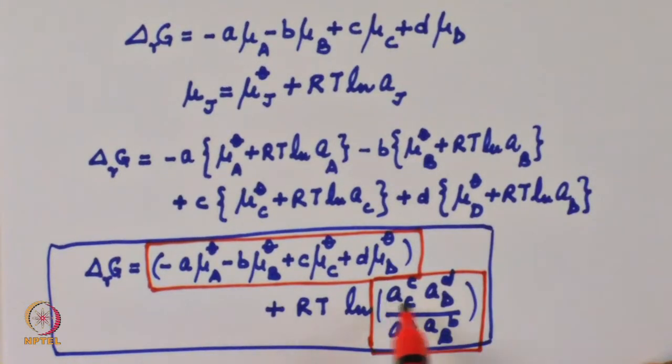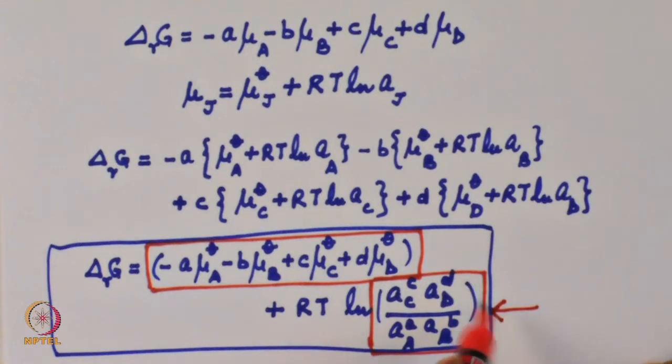And this ratio is the product of activities of the products raised to the power equal to their stoichiometric number, divided by the product of activities of reactants raised to the power of their respective stoichiometric numbers. This particular ratio I am going to call Q, the reaction quotient.